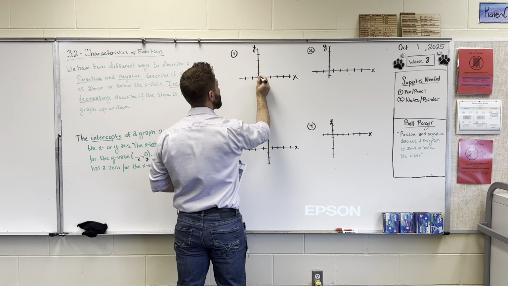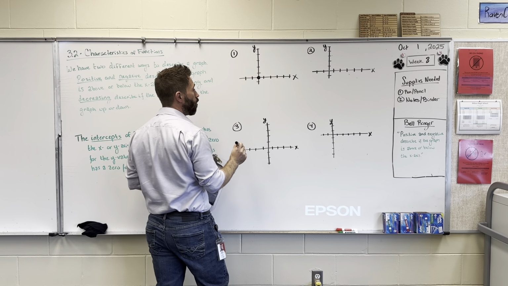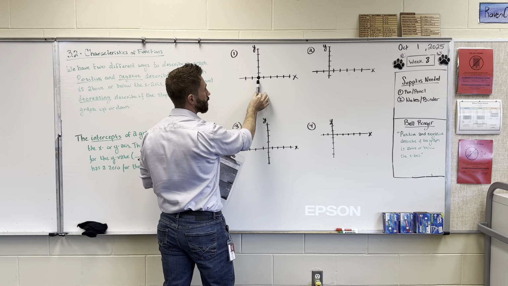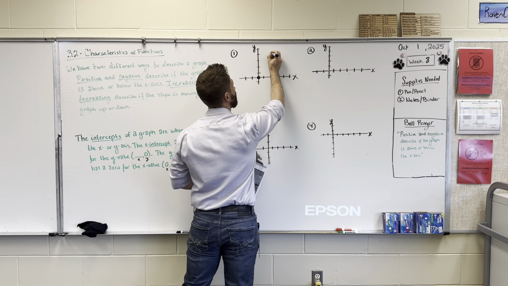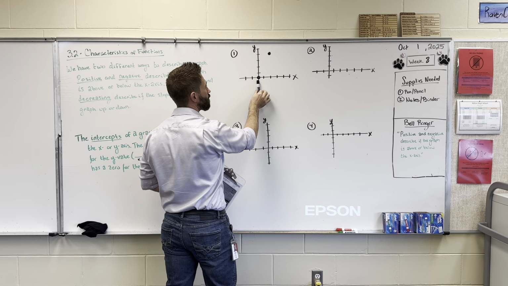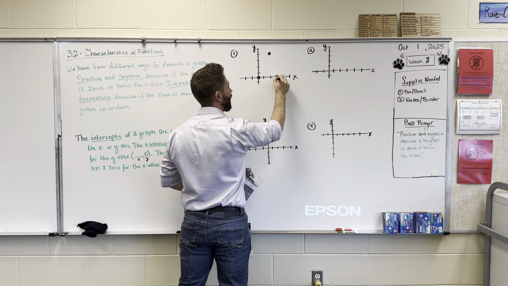My first point is at (0, 0), which means I have not moved left or right, nor up or down. My second point is at (2, 4). What that means is that I go to the right 2, up 4, and I put my second point. The last point is at (3, 0), so I go to the right 3, and I do not move up or down.